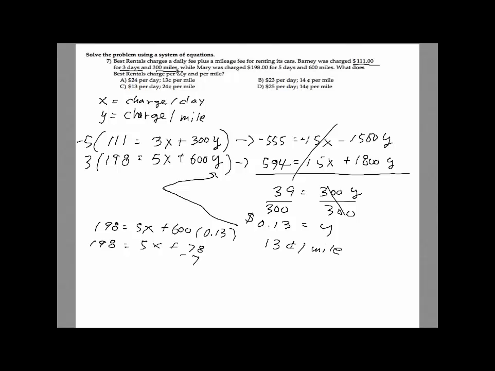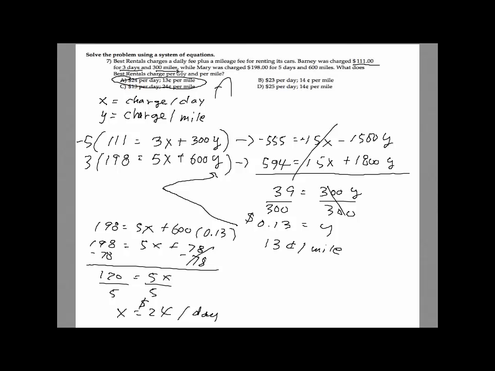And then subtract 78. So it's 120 equals 5x. So 120 divided by 5 is $24 per day. So $24 per day and 13 cents per mile. That's answer A.